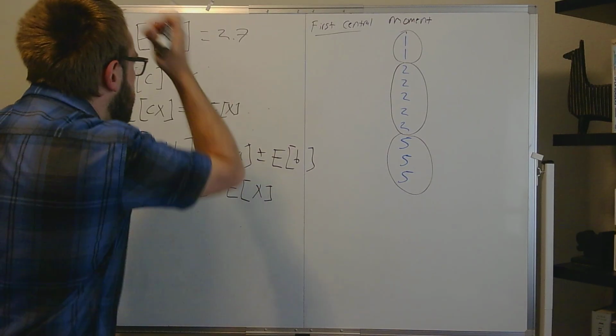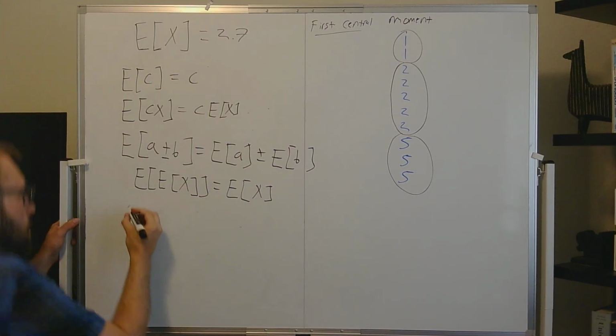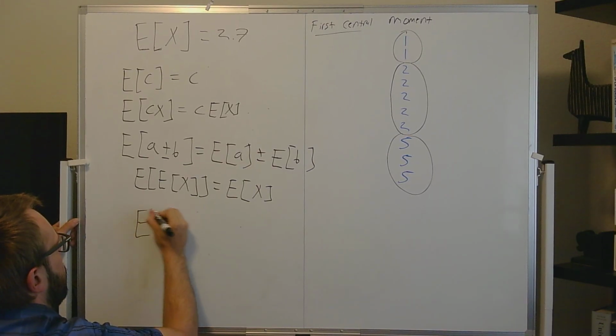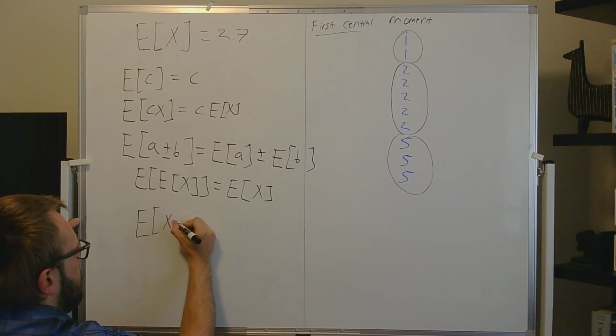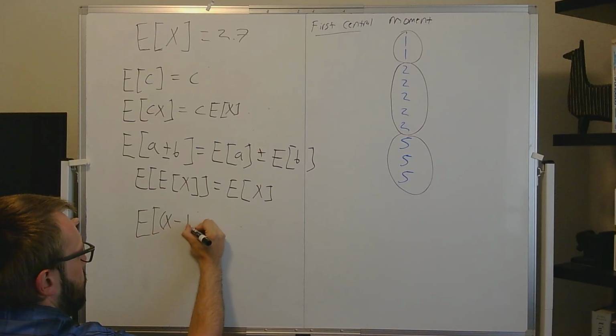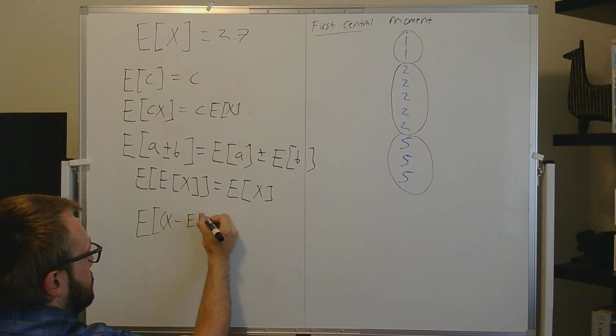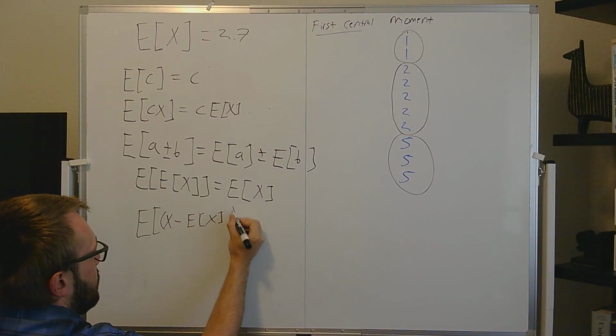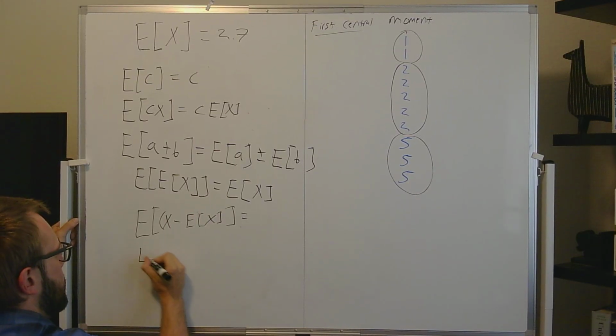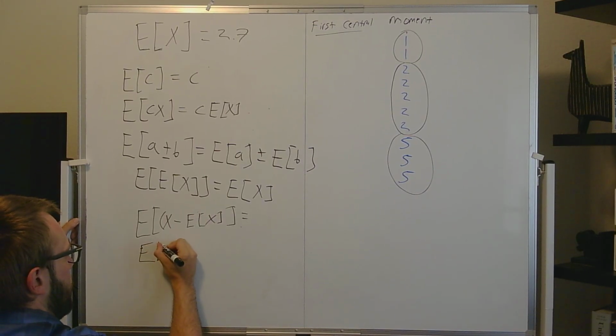So if we were to leverage this information in our general formula for the expectation in our first central moment, we'd start with this. This would be the same thing as just distributing in.